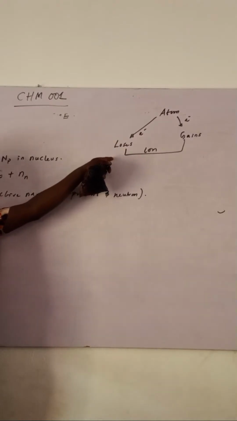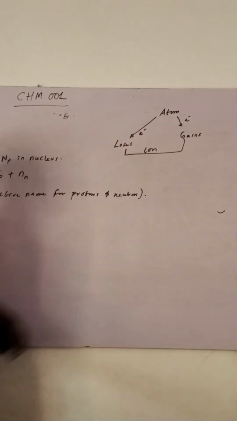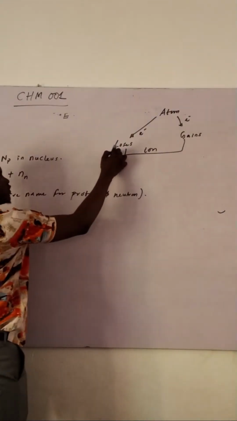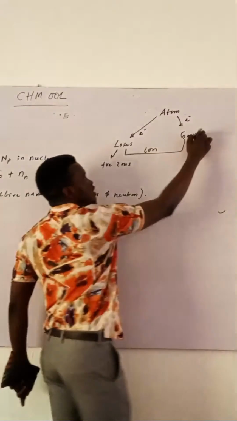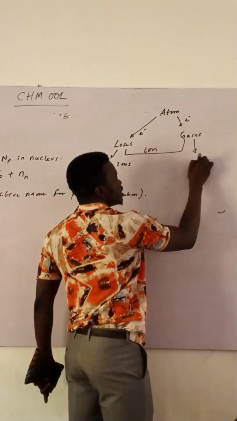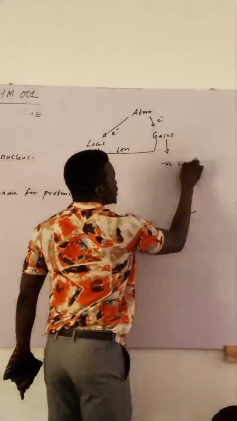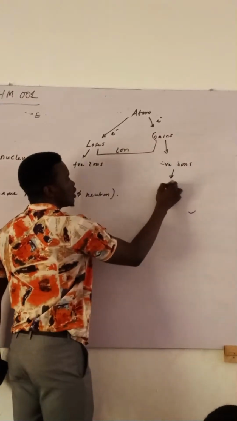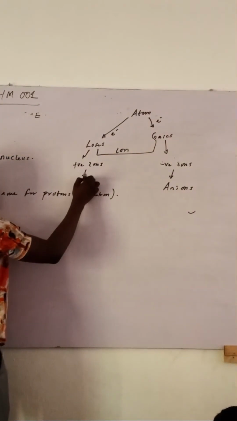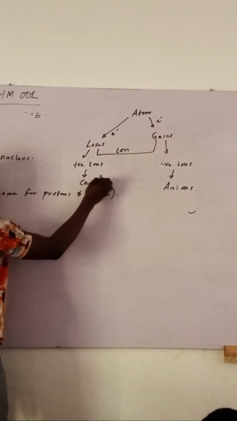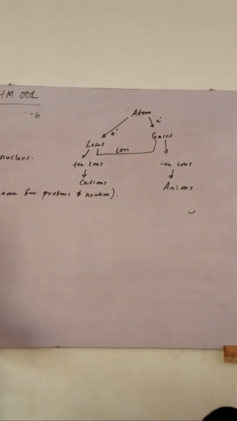Positive. So when an atom loses electron, they form positive ions. When they gain electron, they form negative ions. These negative ions are usually called anions, while positive ions are called cations. All these are basic knowledge.